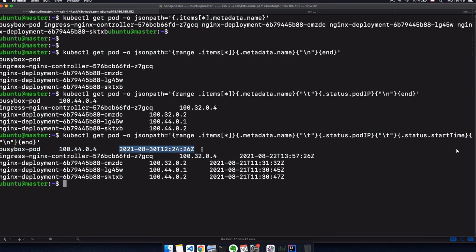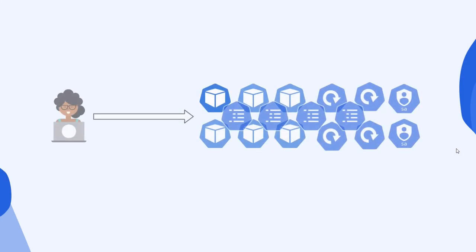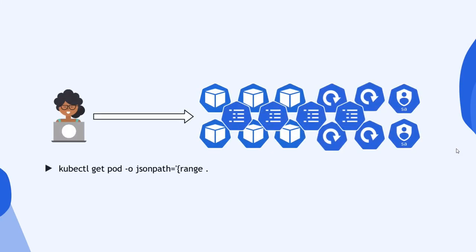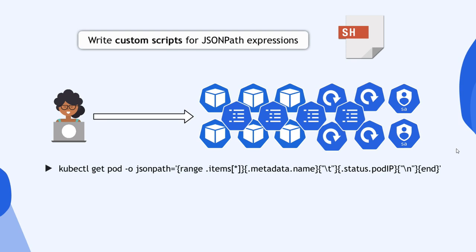Now, as I said, the JSON path expressions are not very easy, and you may not want to type that often. So one useful thing could be to write custom scripts with JSON path expressions for kubectl to print out some of the most common data that developers or you as an admin may need when working with the cluster. So you can have these pre-configured and ready-to-go expressions whenever you need them.